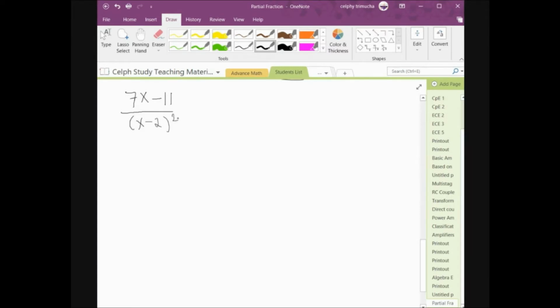Okay, so we have an equation, 7x minus 11 all over x minus 2 squared. So, hamba ko kagina, mahambal ta siya, makonsider ta siya nga repeated linear kon ang sasulod sa mga equation, sasulod sa mga parentheses is linear. We have x minus 2 and then nag-exponent ka lang di. Both silingon, ginrepeat ang linear.